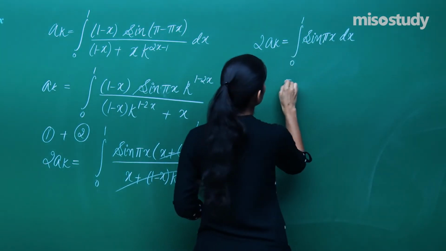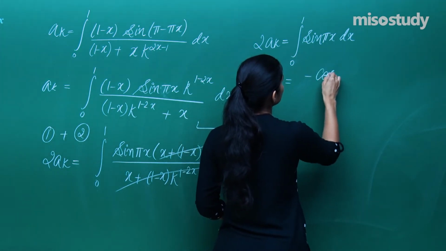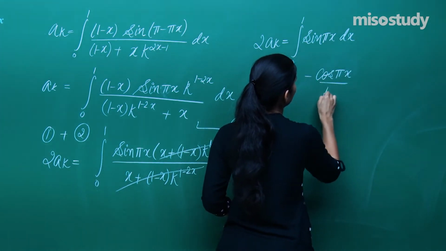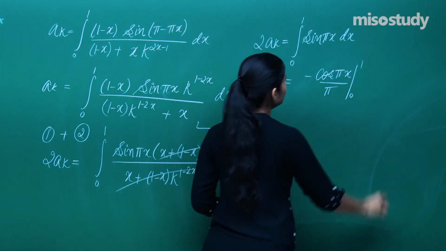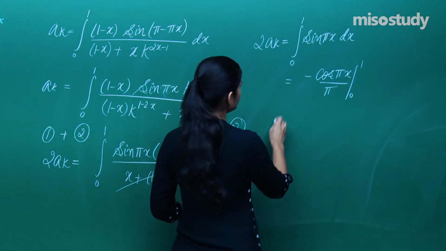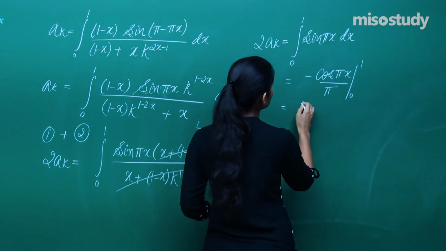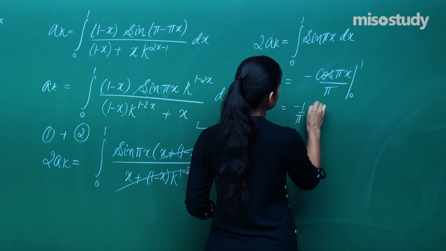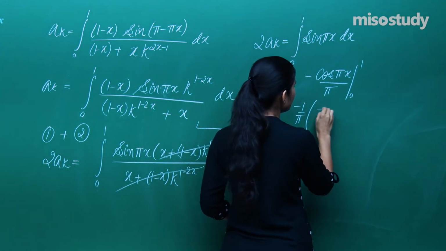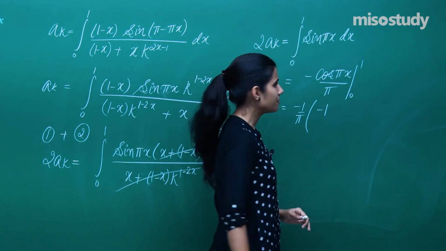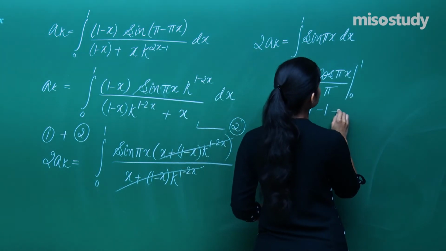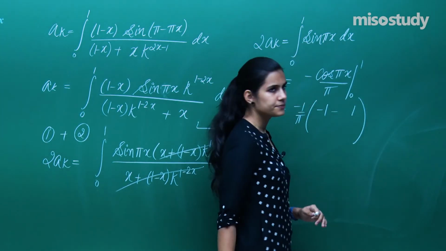Now, what is this? This is minus cos pi x by pi from 0 to 1, which eventually gives you minus 1 by pi sitting outside. You have cos pi, which is minus 1, minus cos 0, which is 1.